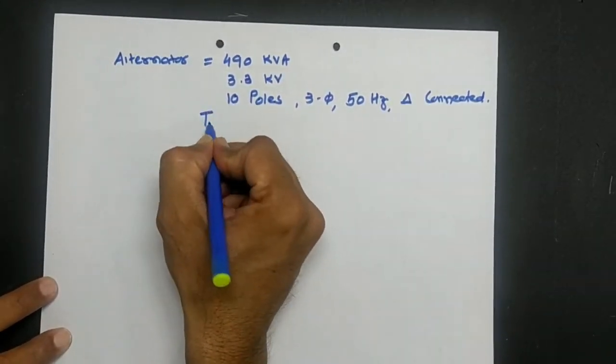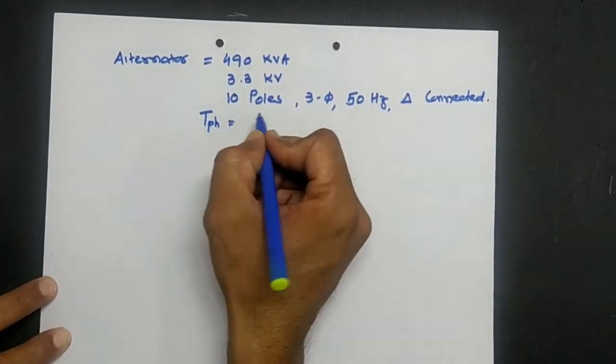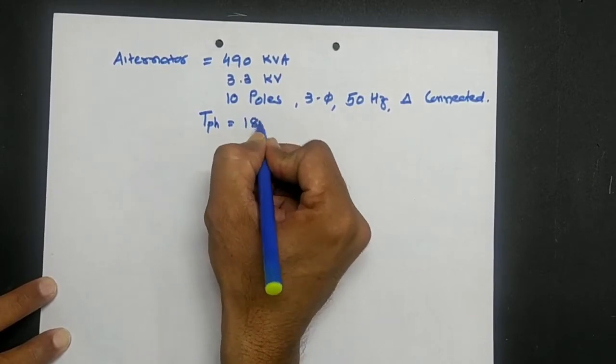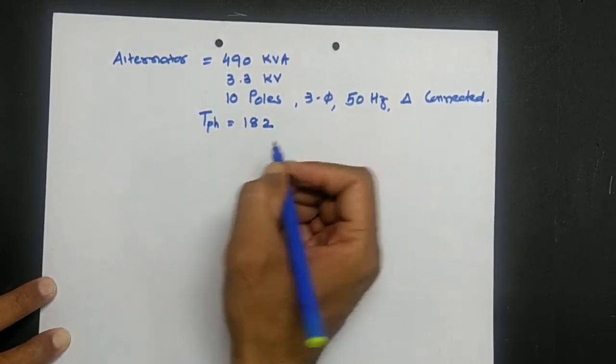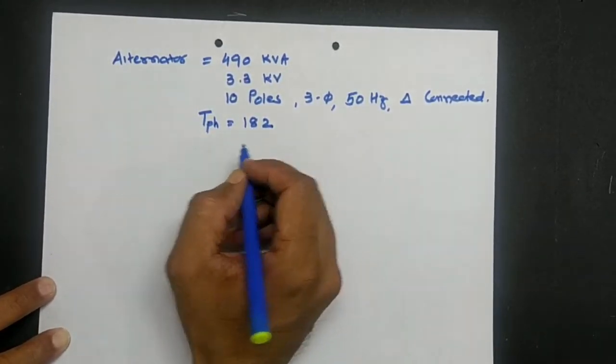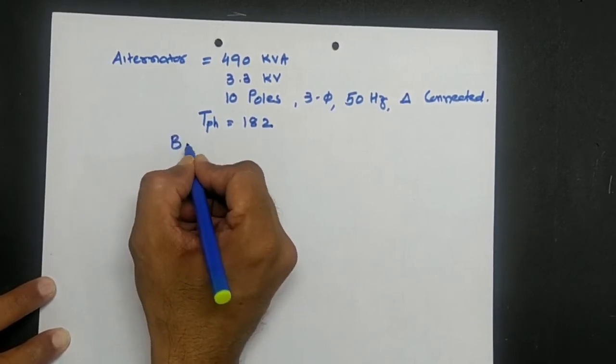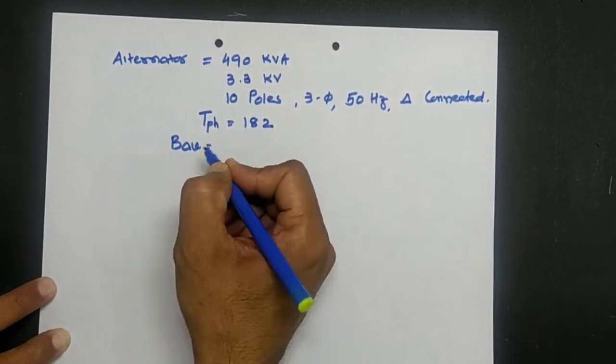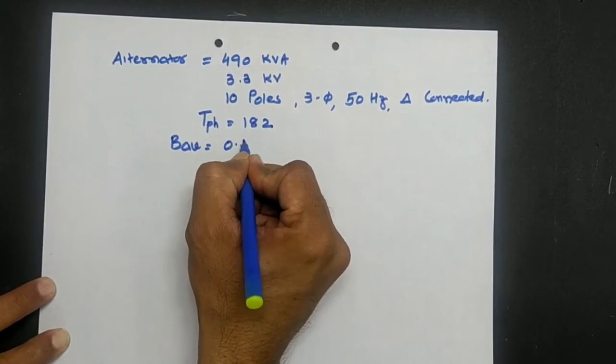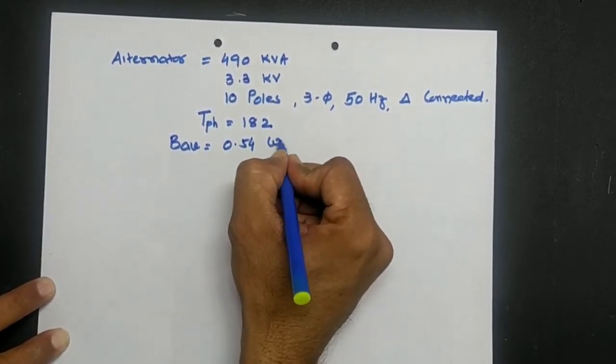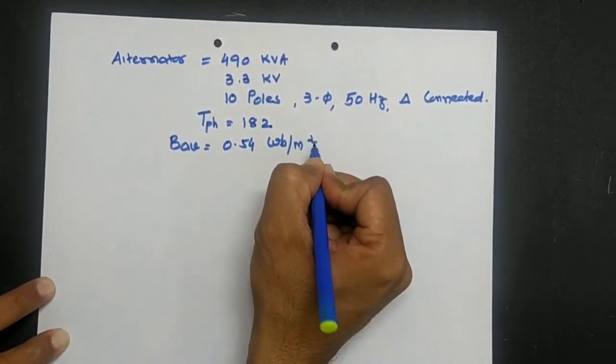Number of turns per phase is given as 182. Some other data: specific magnetic loading is 0.54 Weber per meter square.